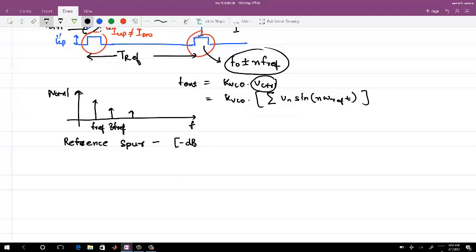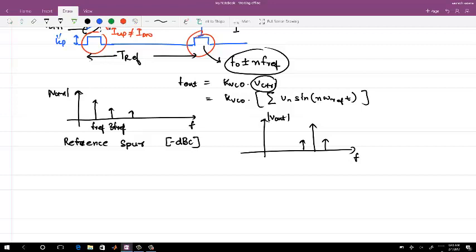Which is defined mostly in terms of units of minus dBc. So let's say this is my F axis, this is my final V out mod, and I have my F out tone here. Because of these reference effects, I have plus minus F ref.